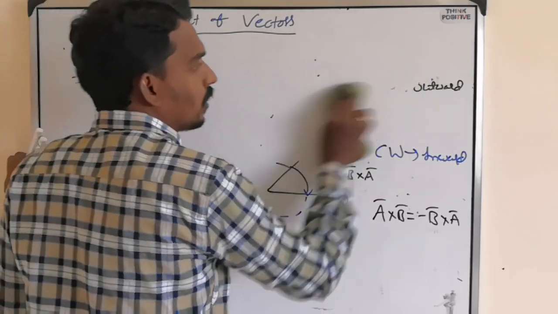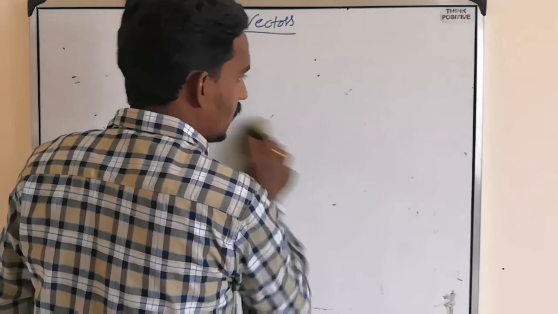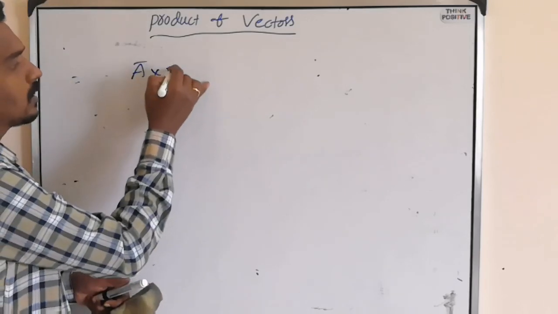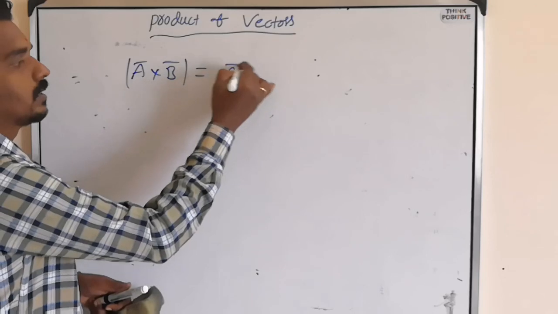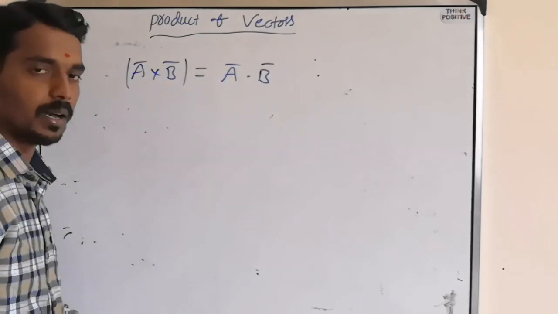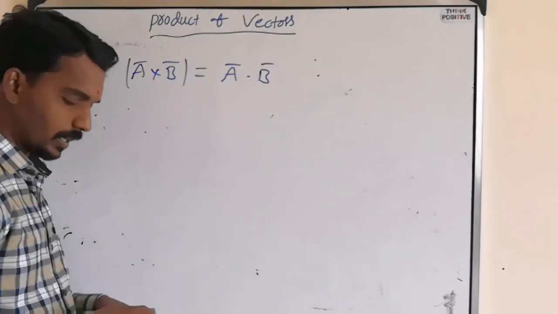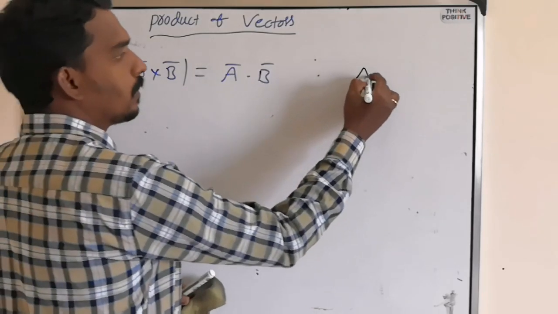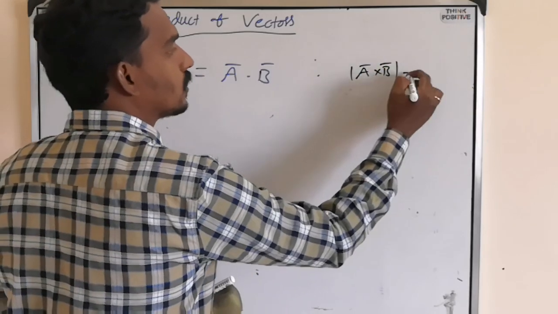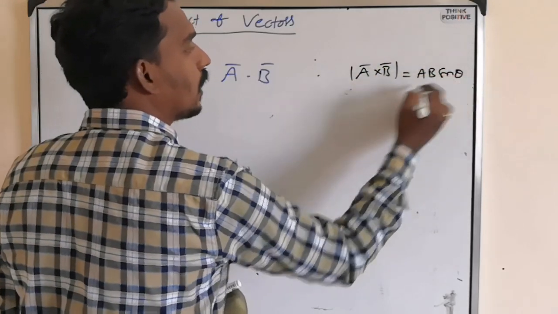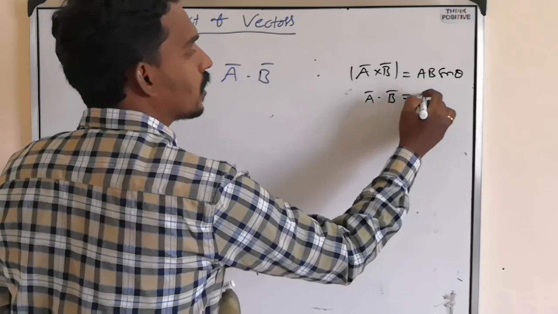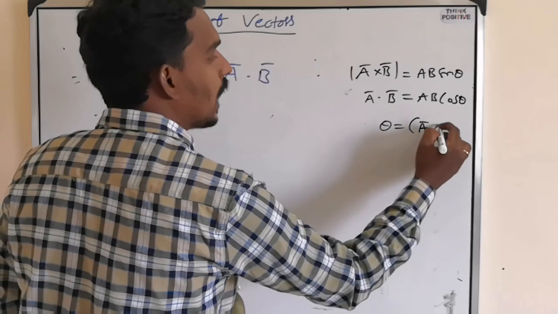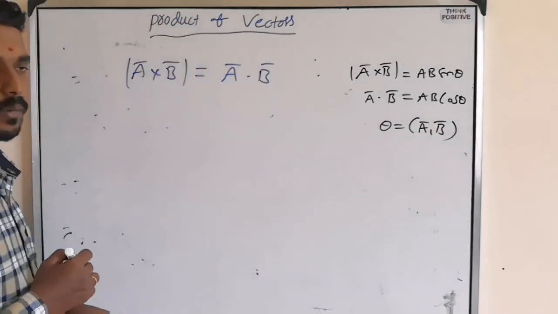Like one example we will take, purely vector-based questions also sometimes they will give. The magnitude of a bar cross b bar is equal to a bar dot b bar. Then what is the angle between a bar and b bar? See, the magnitude of a bar cross b bar is ab sin theta. a bar dot b bar is ab cos theta, where theta is the angle between a bar and b bar.